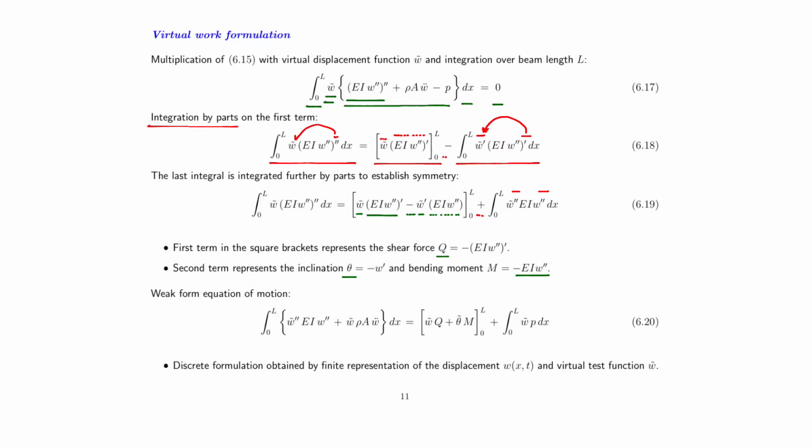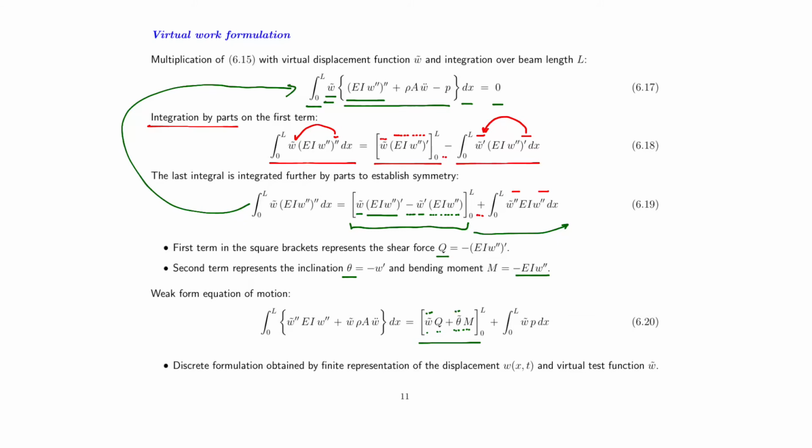So if we substitute our integral back into the weak form equation, we will take the square bracket and move to the other side of the equality sign. Then the square bracket can be written as the boundary terms for displacement multiplied by shear force plus rotation multiplied by moment. And this demonstrates that shear force and moment are energy conjugated forces to the displacement and the rotation.